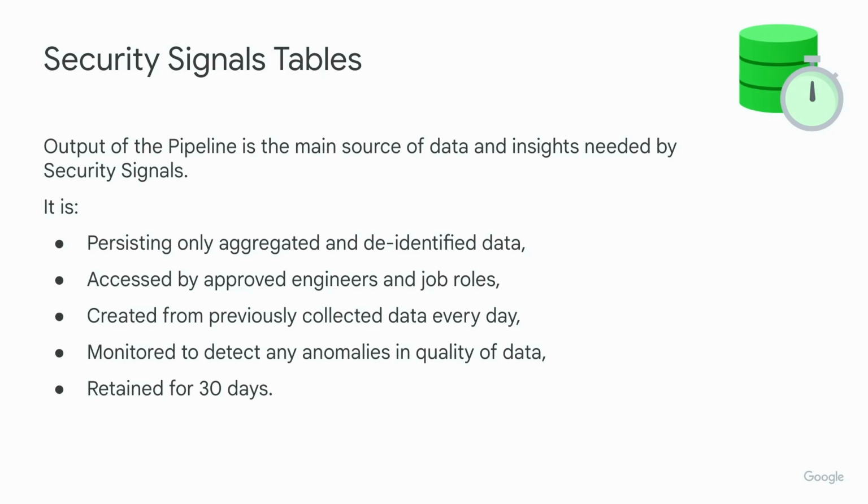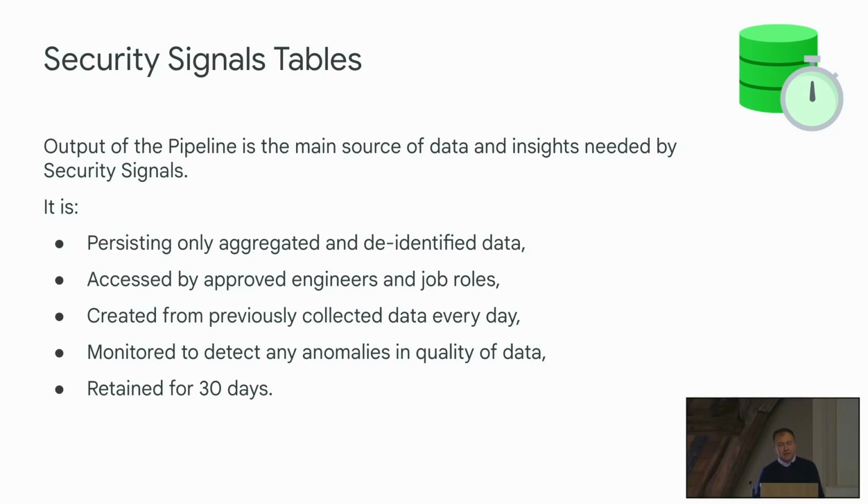So if suddenly we see an anomaly in the number of URL paths of a given service which we detect, we will start investigating what's happening. Was it a product decision? Was there a bug? Was there a misconfiguration? And we retain that data only for 30 days. So the collected signals, just a few days, the security signals tables, 30 days. It's enough to perform research, to use them later on.